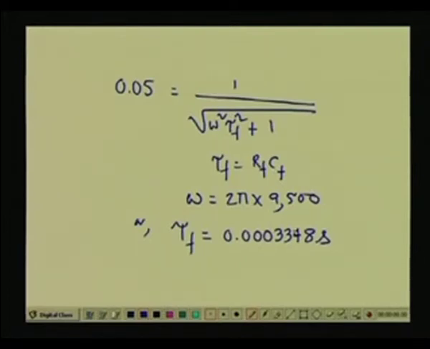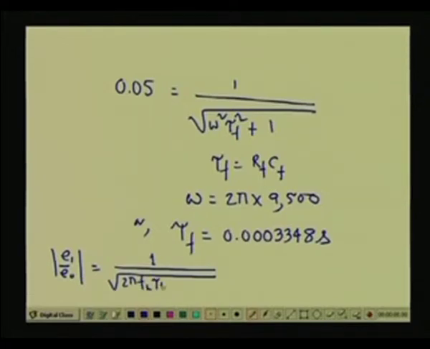For this tau f, the amplitude ratio, that means E1 by EO, you take the mod of that, it will become 1 upon root over 2 pi Fm tau f whole square plus 1. So, this will give you 0.69.